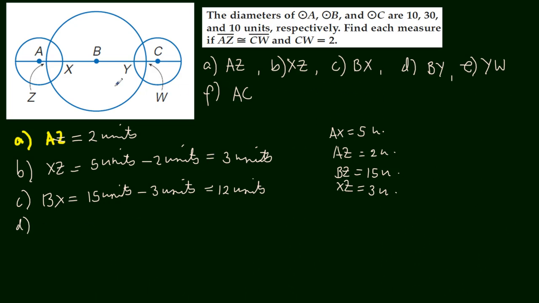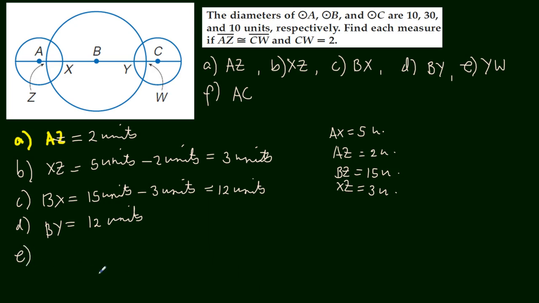D is BY. As we have said, BW and A zeta are congruent. That means even BY and BX are congruent. They have the same length. That is also 12 units.